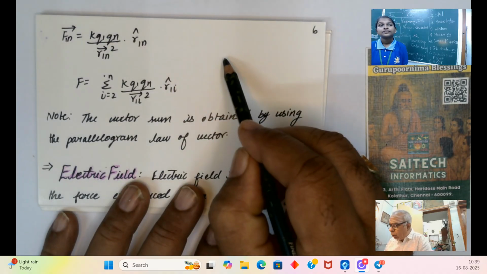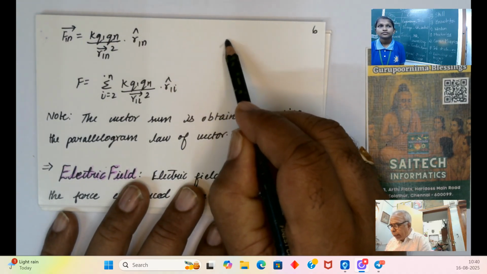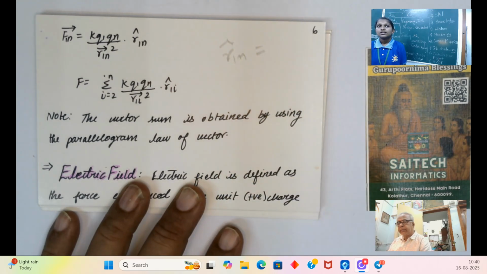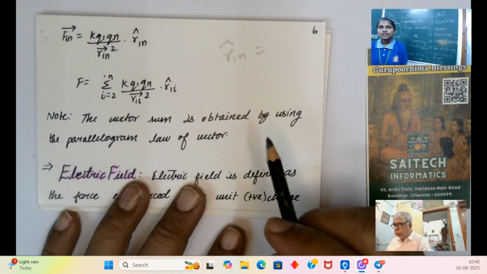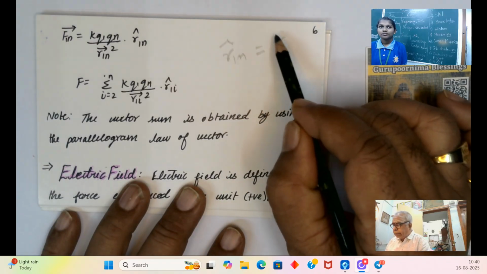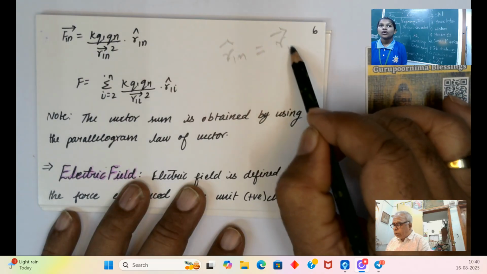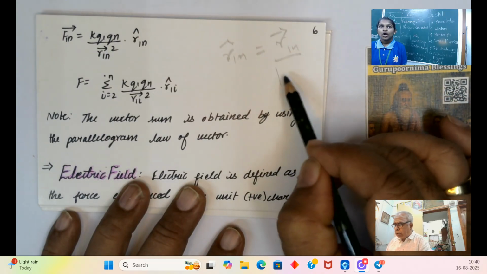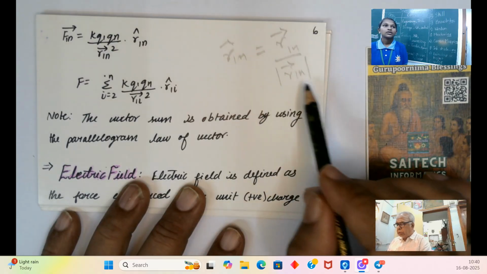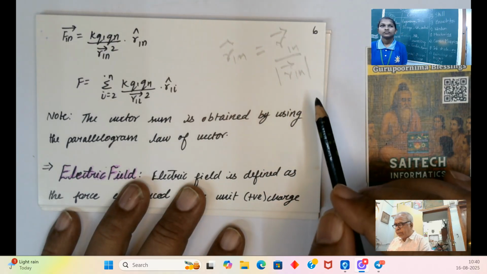And what do you mean by R cap when I say 1n? Can you express it? Sir, it is the vector divided by the modulus of the vector R1n. Okay. Yes. So this is nothing but the magnitude.